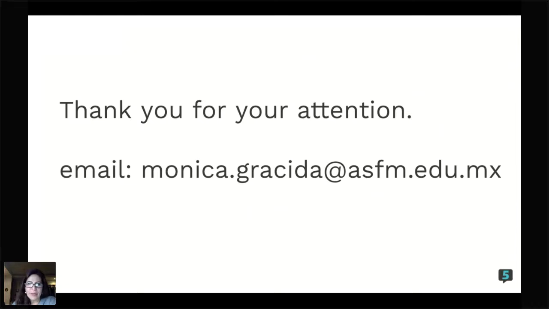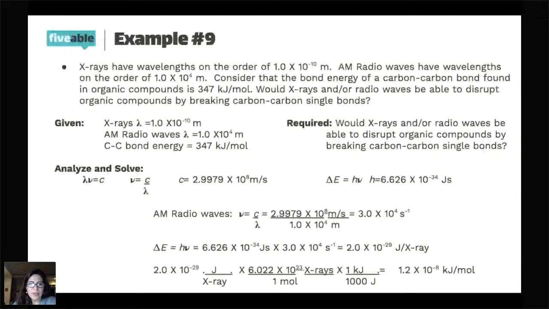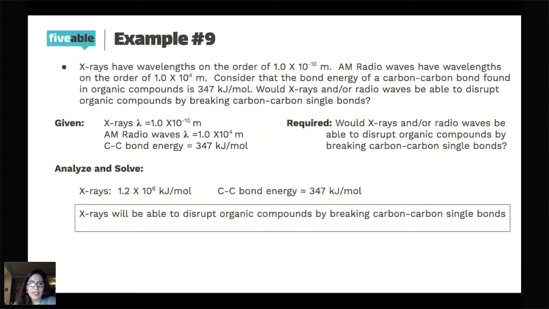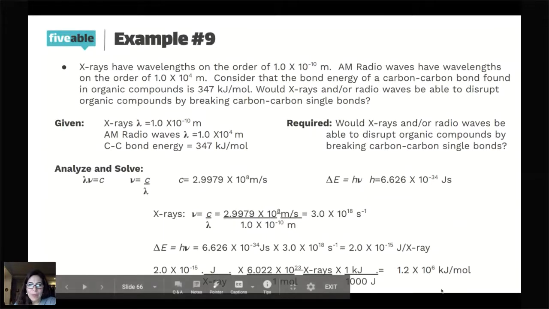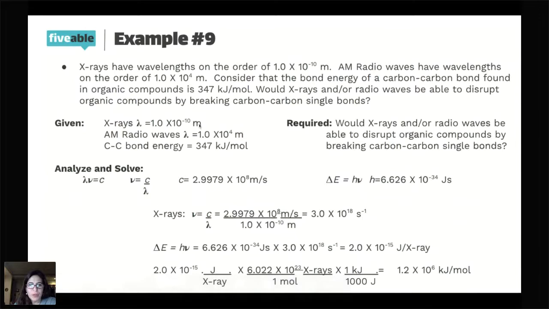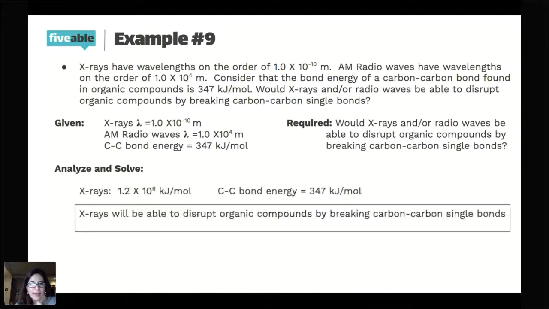Correct, Stephen. Let's go back to our answers. Once we change the wavelength to kilojoules per mole for X-rays and for radio waves, then we compare. For X-rays, as you can see, it's a much, much higher value of energy.